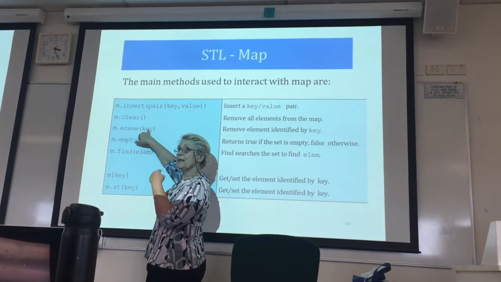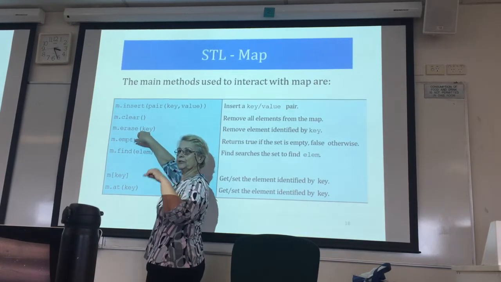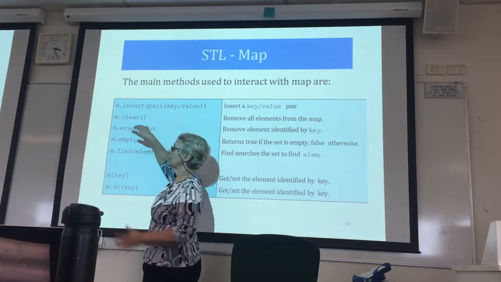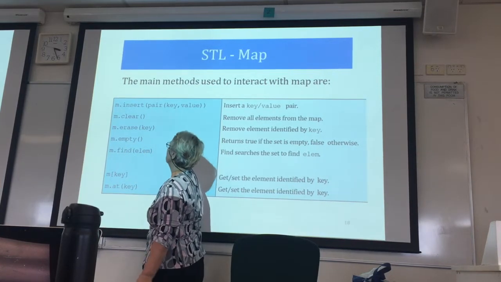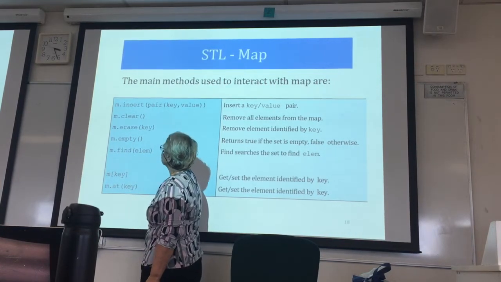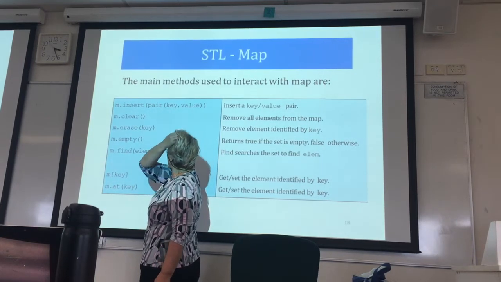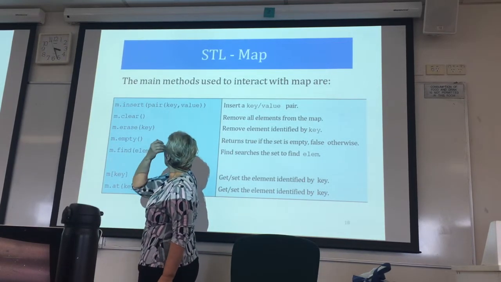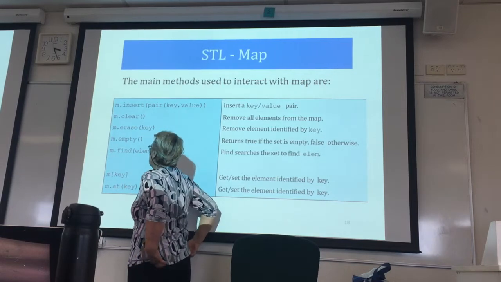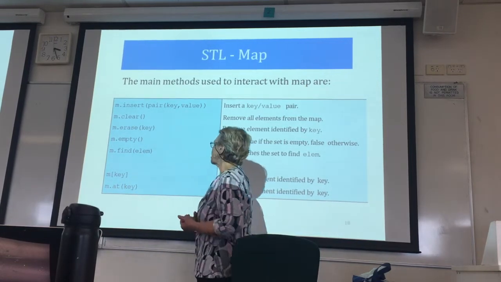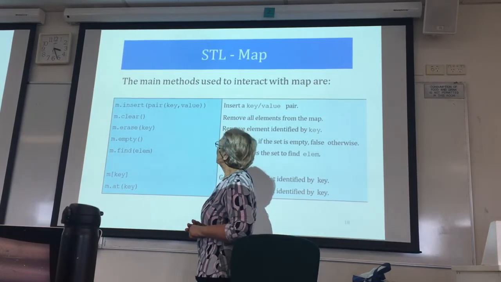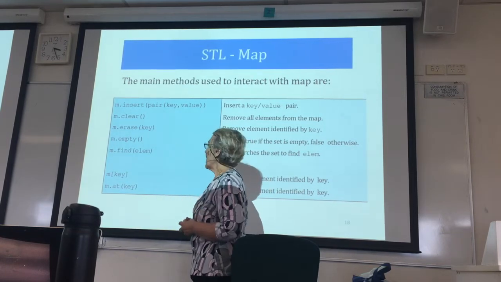You erase the element by erasing the key. As soon as you erase a key, the element, the pair disappears from the map. To find an element, you have to specify the key or the pair.